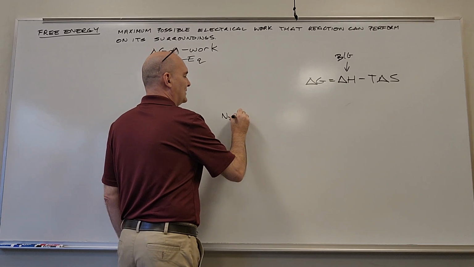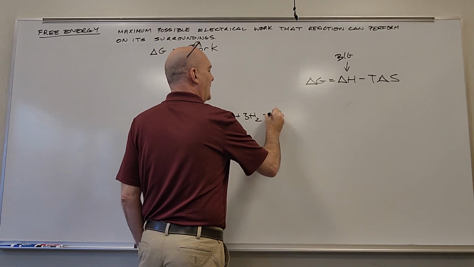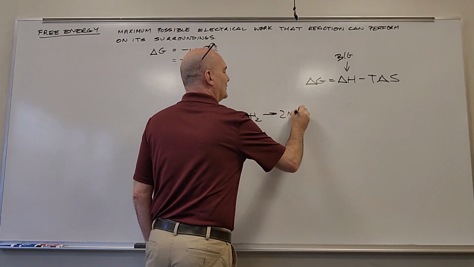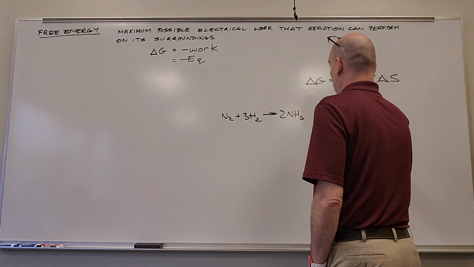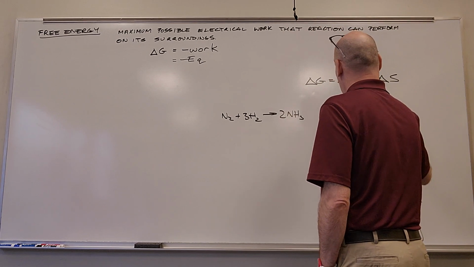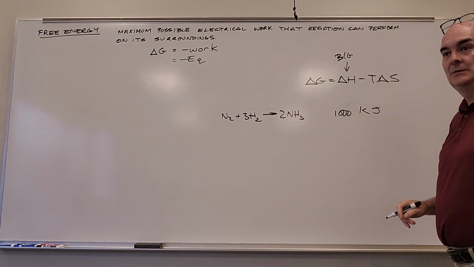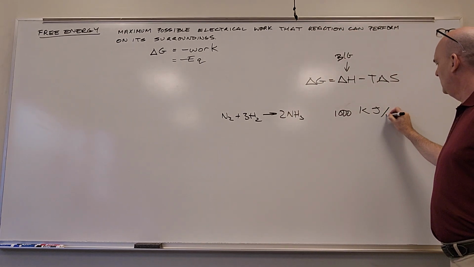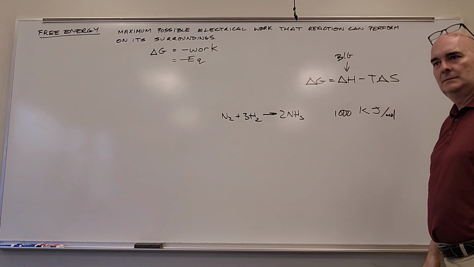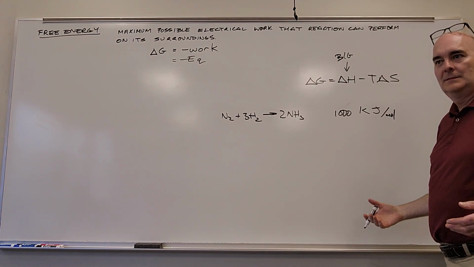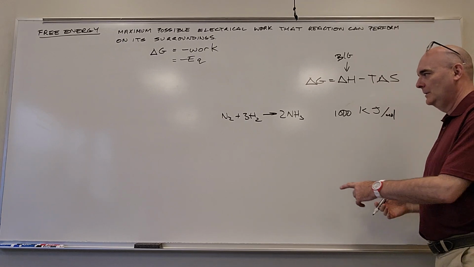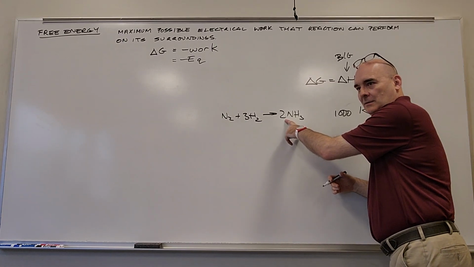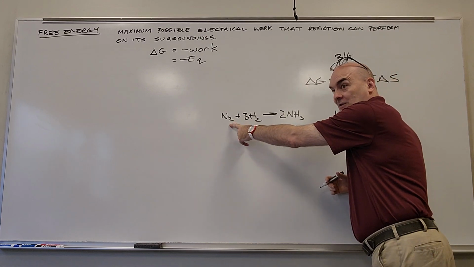If my reaction is N2 plus 3H2 makes 2NH3, and let's say it's 1,000 kilojoules, if I say it's kilojoules per mole, it can't mean that and that at the same time.